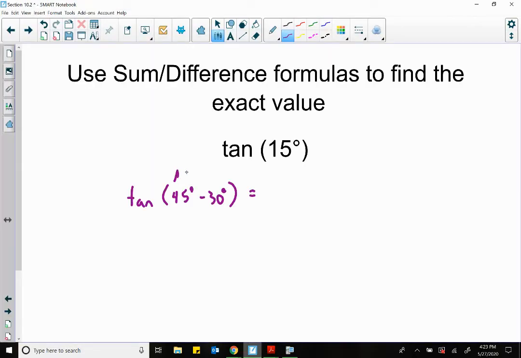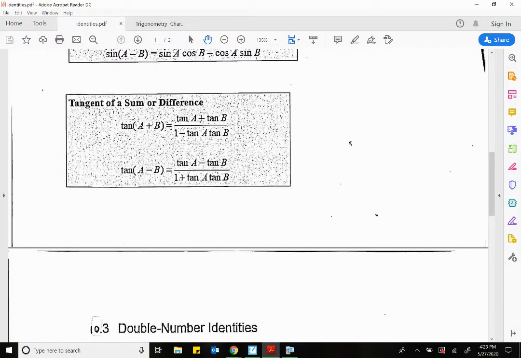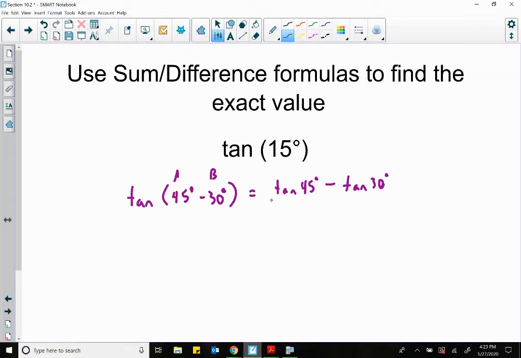So again, this is A, this is B. So we're going to have tangent 45 degrees minus tangent 30 degrees. It is minus, right? See, this is the one thing you got to be careful of, those pluses and minus. Yeah, it is minus. And on the bottom, it's the plus. So down here, we will have 1 plus tangent 45 degrees, tangent 30 degrees.